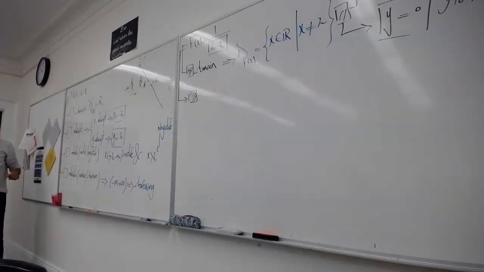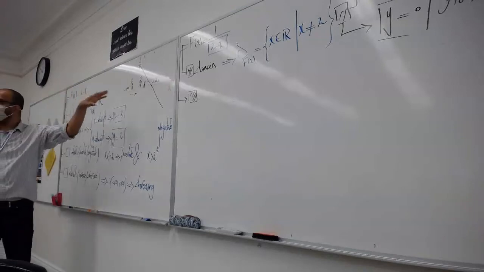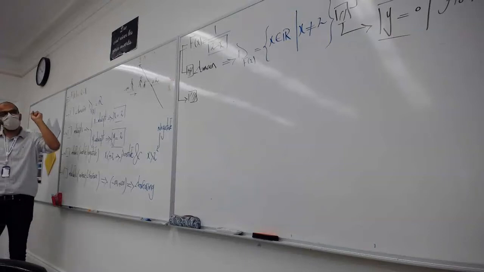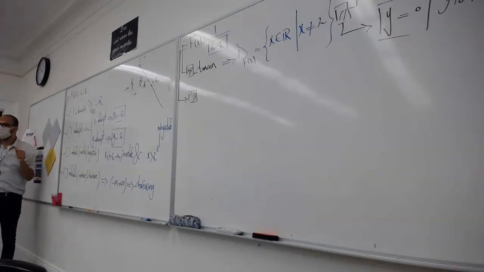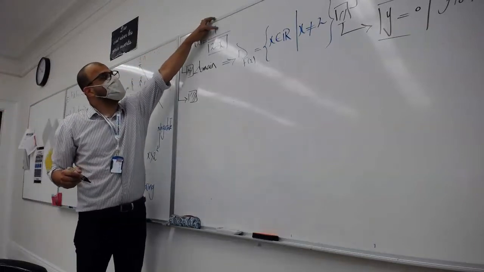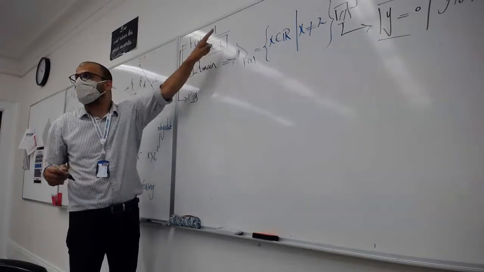Wait, Calvin, wait until the end of the class. I'll give you a general formula that you can always use to find the horizontal asymptotes for any number. But for this case, because the degree of the numerator is 0 and the denominator is 1, it is always 0.